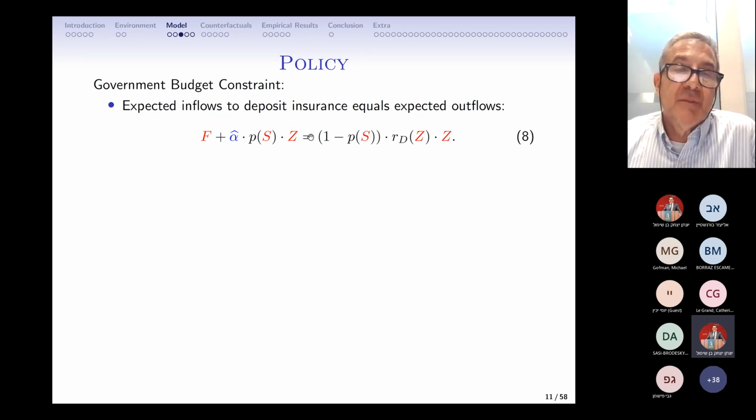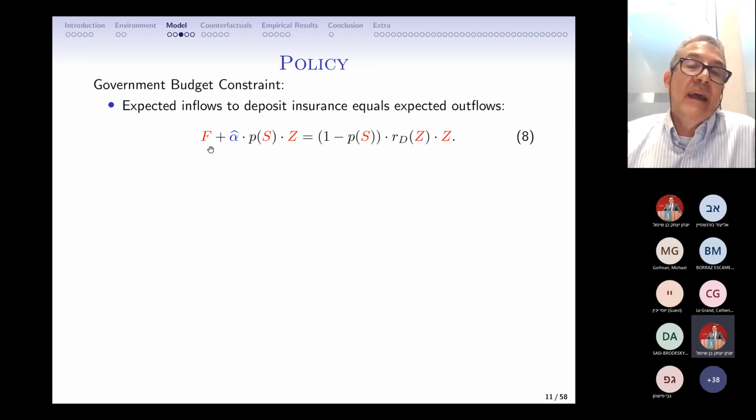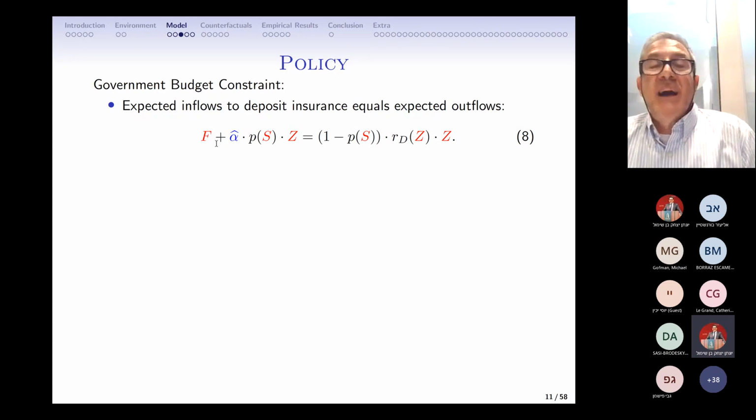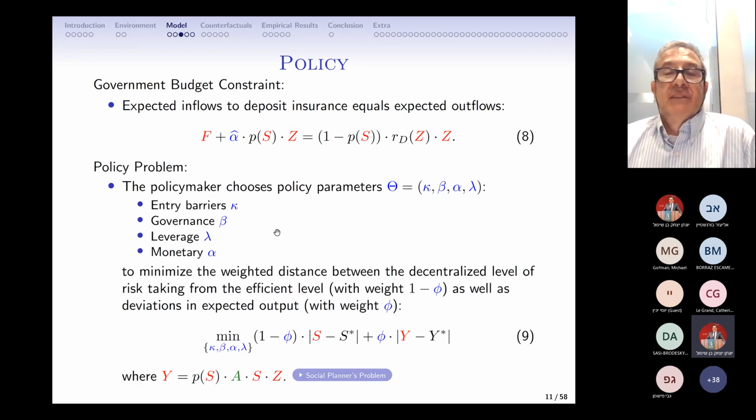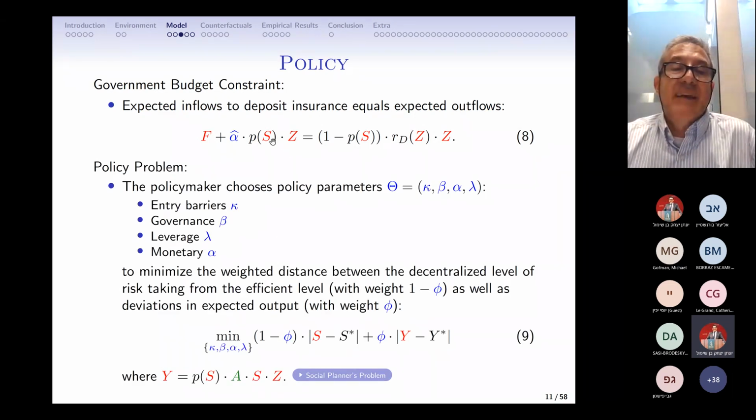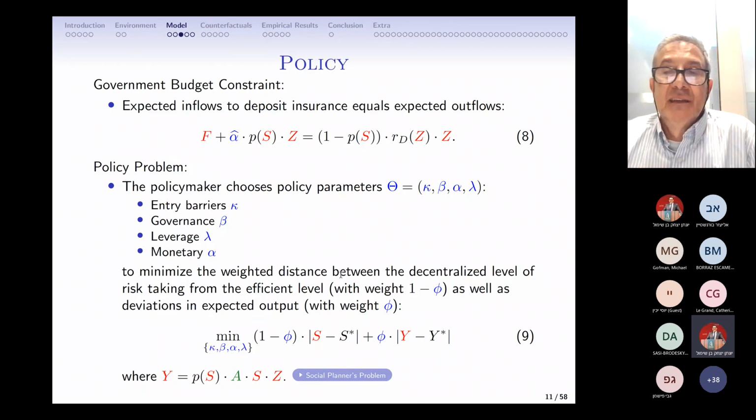Well, it's funded through, as Michael said, the FDIC, a kind of tax, but also this F is the inflows that have to come in, because the deposit insurance has to be funded somewhere. So you can think of this as the tax on households over and above what's being taxed on banks.